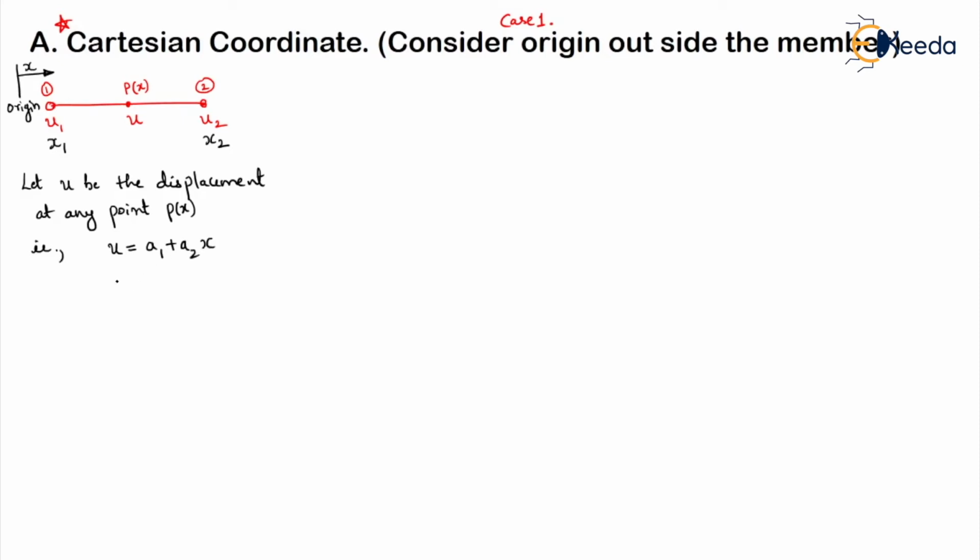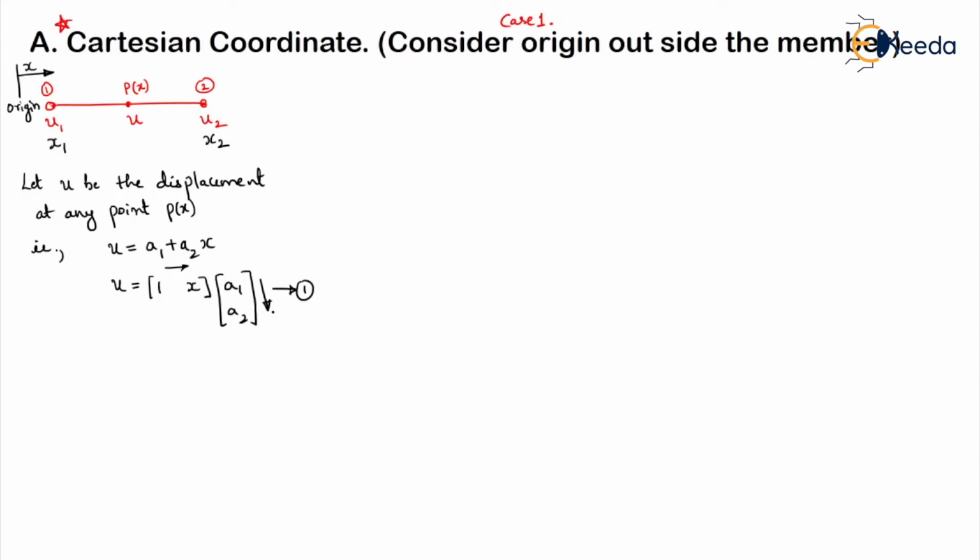Now if you want to write this in matrix form, you will write it as [1 x] times [a1 a2]. If you multiply this with this, you will get 1 into a1 plus x into a2, which gives a1 plus a2 x. So I'm writing it in the form of a matrix. Let us call this equation 1.